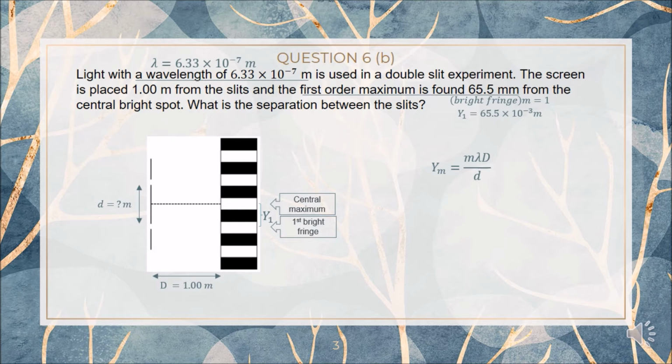Now we substitute the values given into the formula to find d. After we calculate, we will get d is equal to 9.66 times 10 to the power of negative 6 meter.